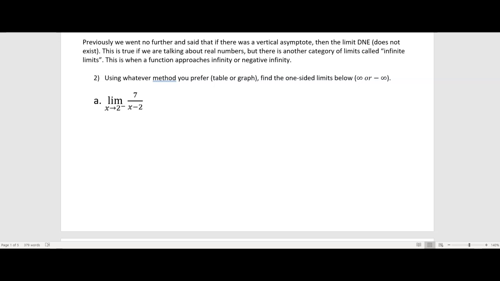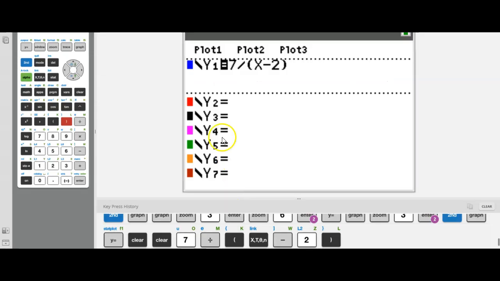All right, so hopefully you've given it a go. I am actually going to start with our calculator because I think that's the easiest way initially to figure this out, and then we can move into a more analytical approach. Hopefully you guys should be able to see this.